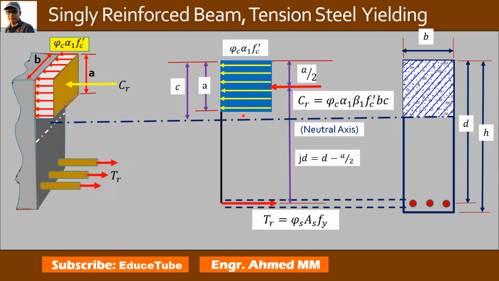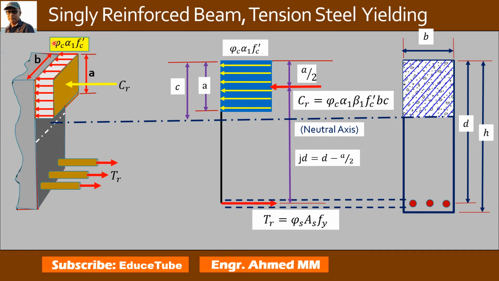Because this is a concrete compression stress block, its height is A, and the top fiber distance from the neutral axis is C. So A is a fraction of C, represented by A equal to beta 1 C. When we calculate the resultant concrete compression force, it is the product of the area of the compressive zone of depth A and width B. This one here is very clear.